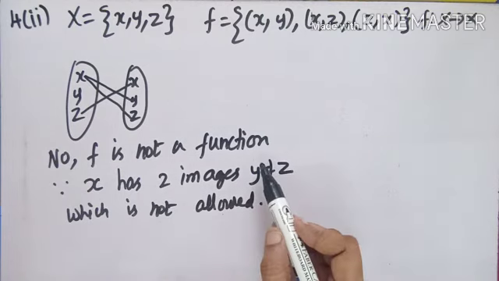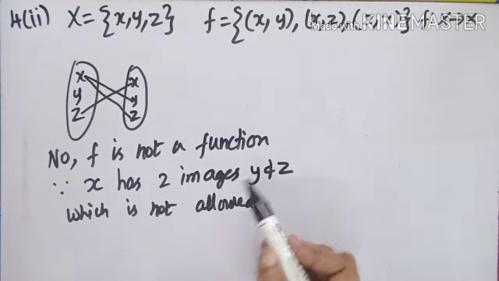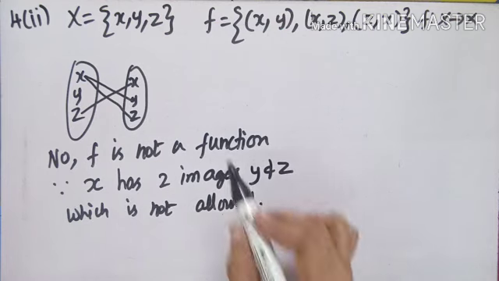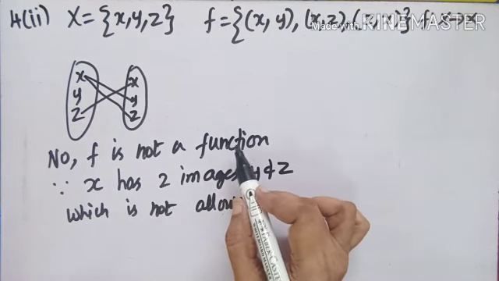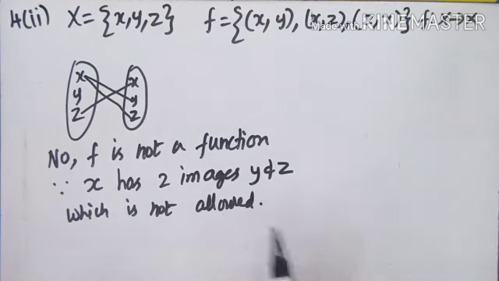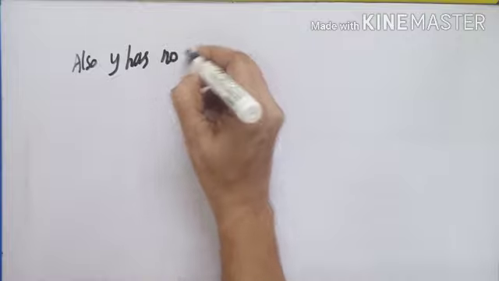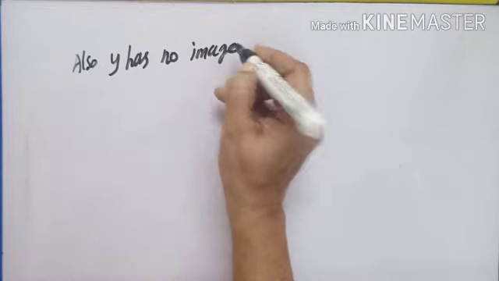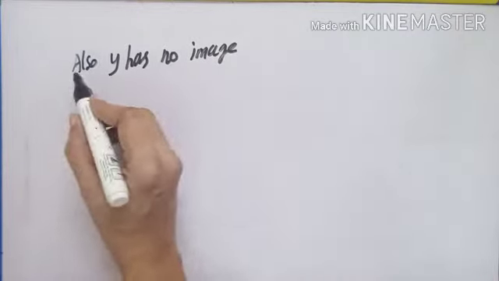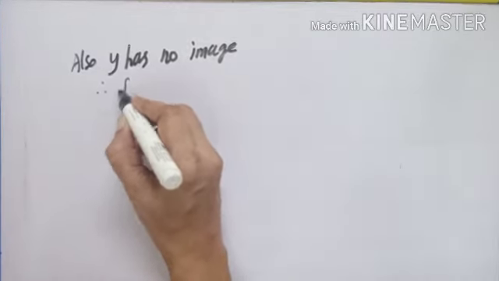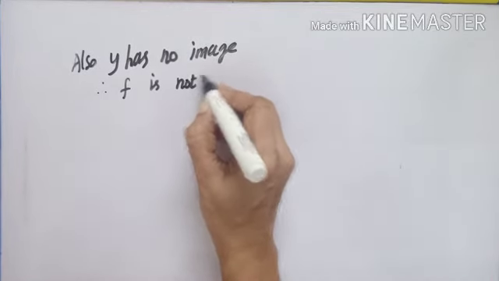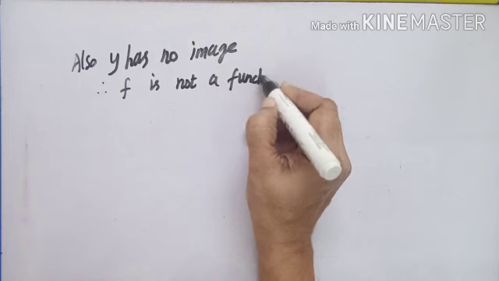When it is not a function, we cannot check whether it is 1-1, onto, all that. The first step itself fails. Also, y has no image. So we say x has two images and y has no image. Therefore, f is not a function.